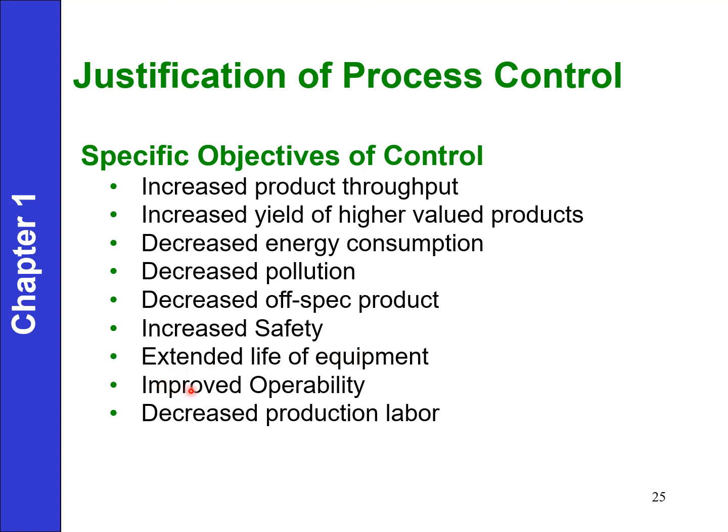And the next thing is, we want to improve the operability of the unit operation, and we want to decrease the production labor. That's why we go for automatic control. So this is the justification why we have to do process control in a unit operation and for the whole system.